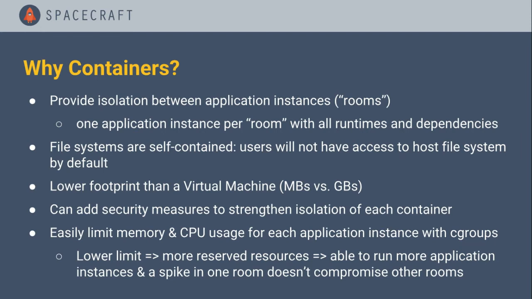This is important because if we lower the limit, we can have more reserved resources. We're able to run more application instances. And if, let's say, a single user session spikes in terms of memory or CPU usage, it will affect the single container that has the application, and it won't compromise other rooms.